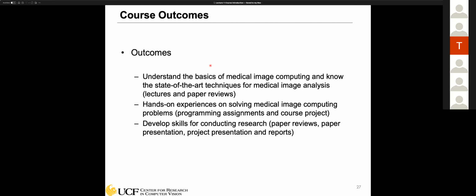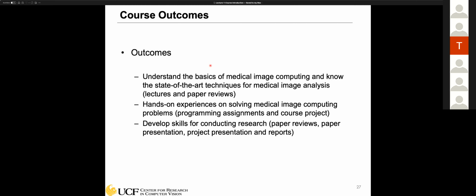MATLAB, I'm not so sure if you can do that. I think they have deep learning packages in MATLAB. If you know MATLAB, maybe you can give it a try. But preferably Python, and then you can learn those deep learning frameworks, so you're able to do the programming assignments and project. But I provide those necessary resources for you.